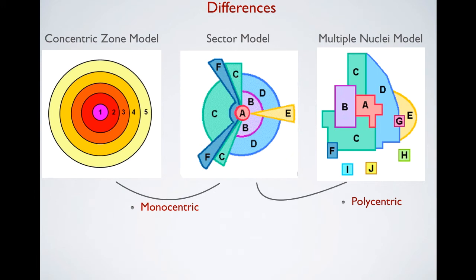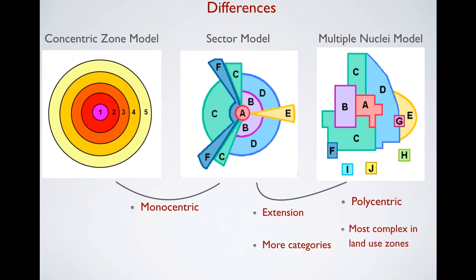Secondly, both the sector model and the multiple nuclei model allow for extension growth, and they also have more categories, because we can see that the concentric zone model has only 5 categories, the sector model has 6, and the multiple nuclei model has probably 10 categories.